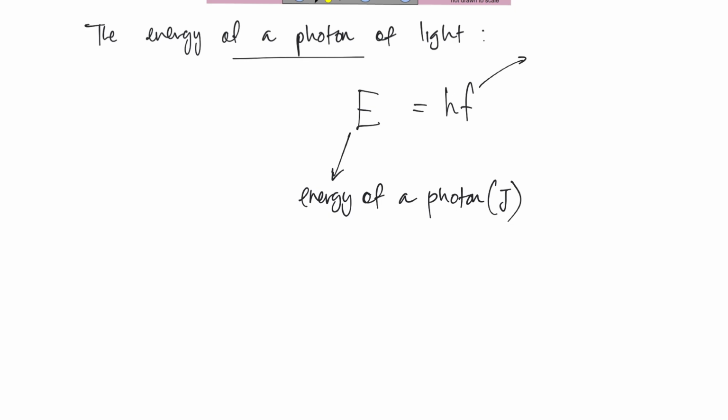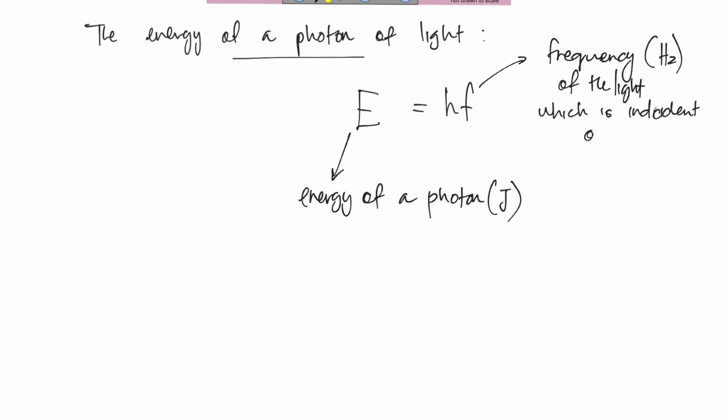The f value we use here is frequency, and that's measured in hertz. And the frequency is going to be the frequency of the light which is incident on the metal.